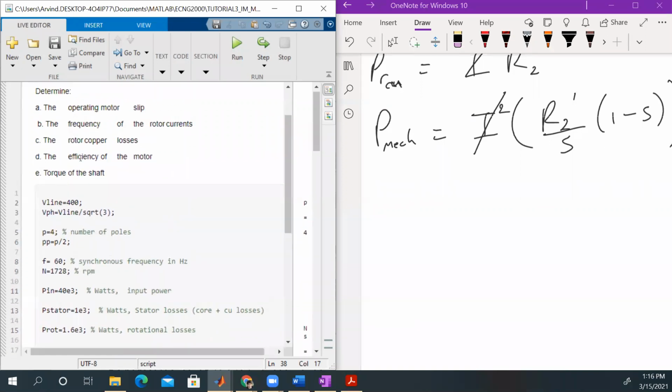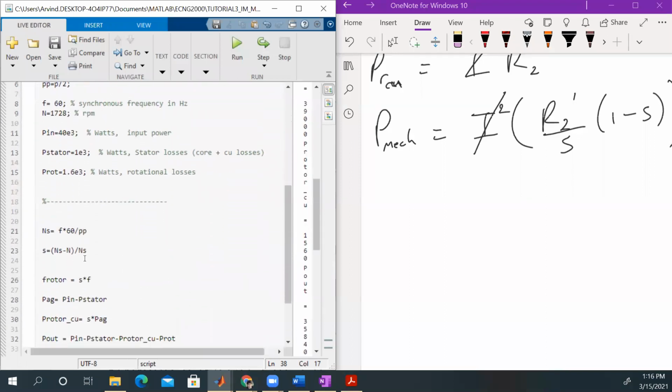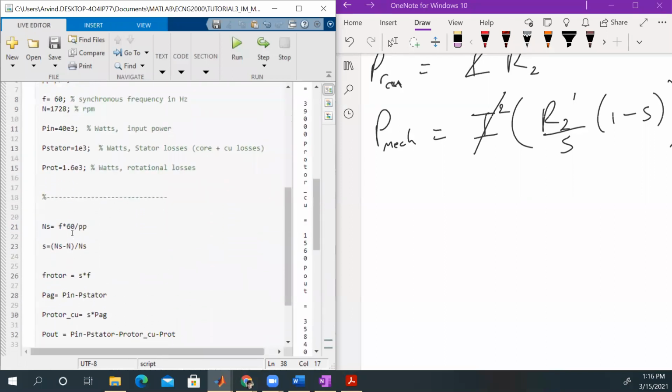So the first thing we want to do is find the slip. So we have the output speed, and we have the synchronous frequency. So based on those 2 things, we could work out the slip. So we work out first the synchronous speed, which is the frequency multiplied by 60 on the number of pole pairs, right?